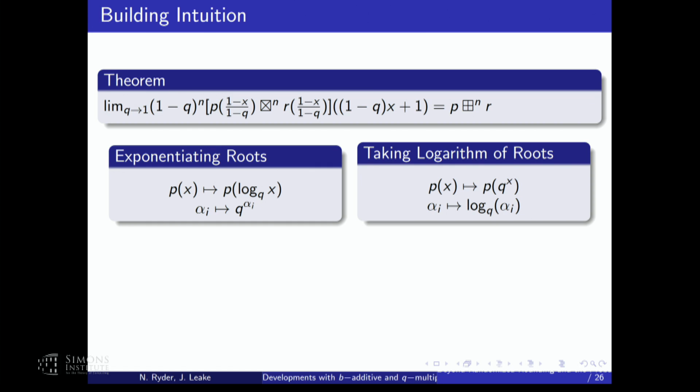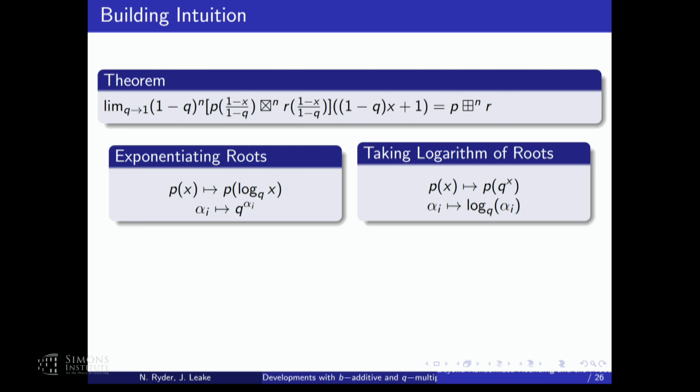So we would like to think of this as exponentiating and taking log of the roots. And this is kind of what is happening. So if I wanted to exponentiate my roots, what I could think of doing is precomposing by log base q of x. Now this doesn't really make sense, because I take a polynomial and now I end up with a polynomial in log. But at least the real zeros will go like this. This is the transformation of the real zeros. And I could do the same thing over here with a logarithm of roots.